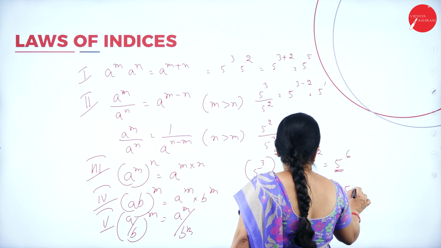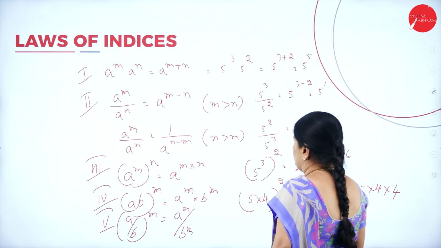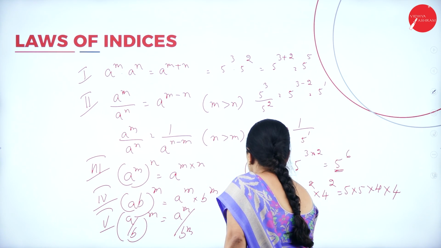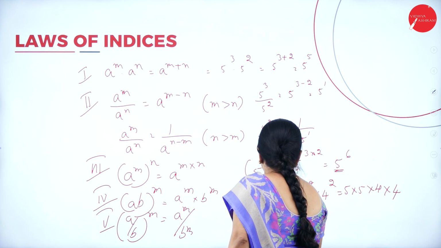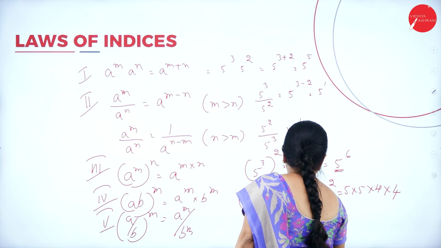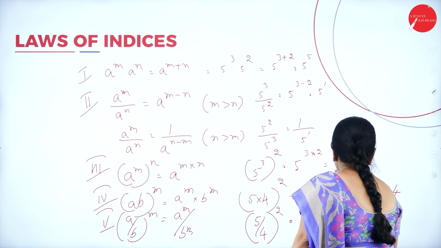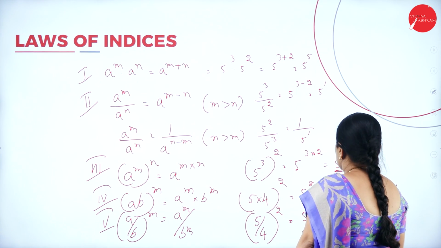That will be equal to 5 into 5 into 4 into 4. Now, if I write (5 by 4) to the power of 2, it will be 5 to the power of 2 by 4 to the power of 2. It will be 5 into 5 by 4 into 4.